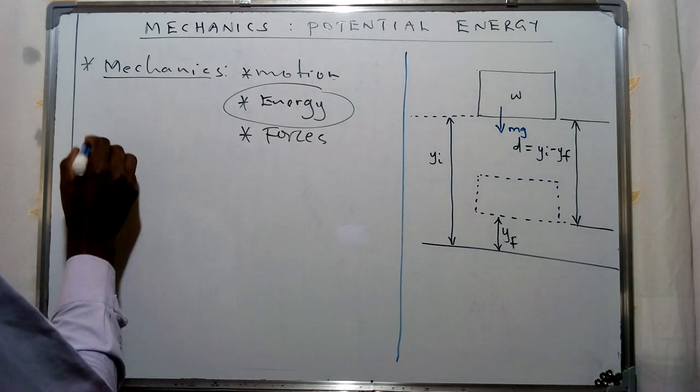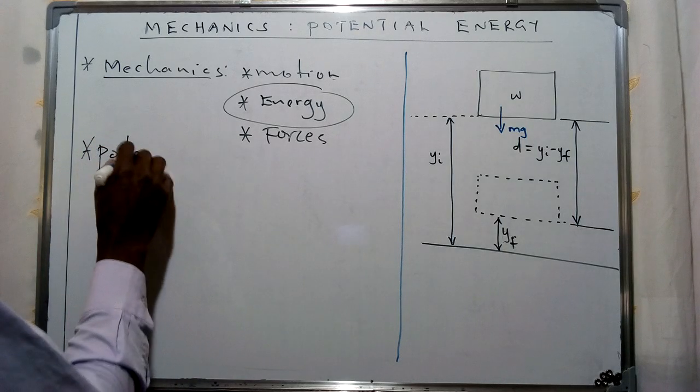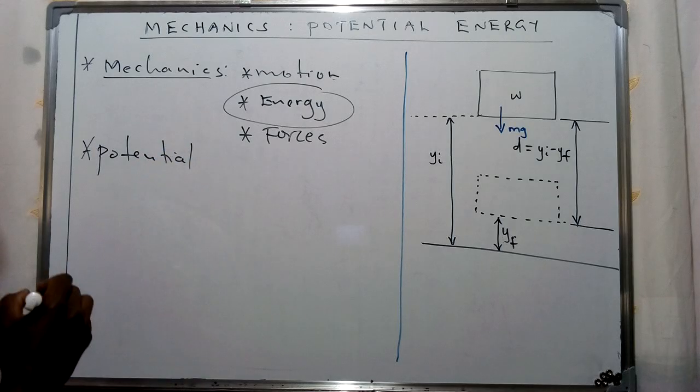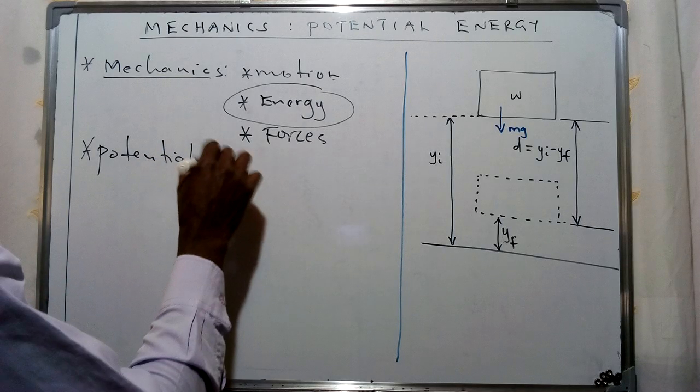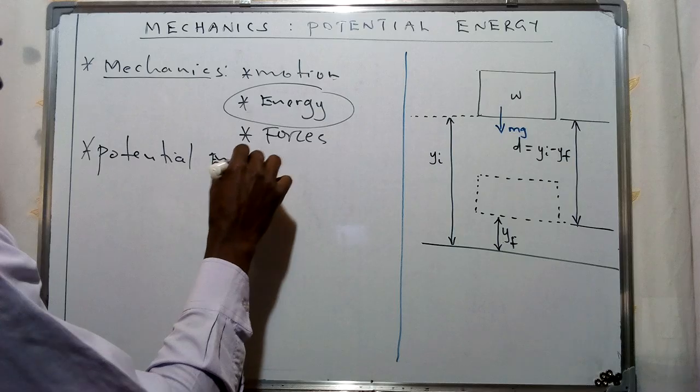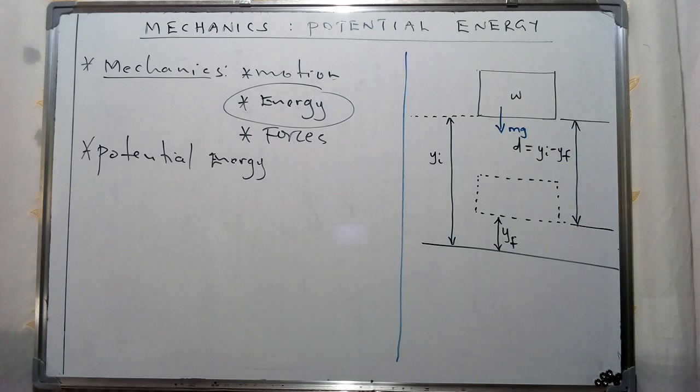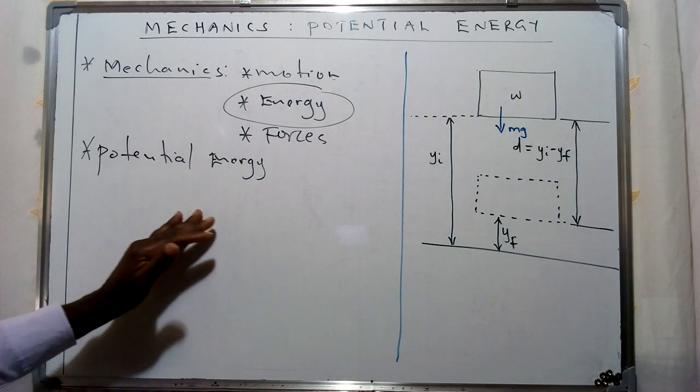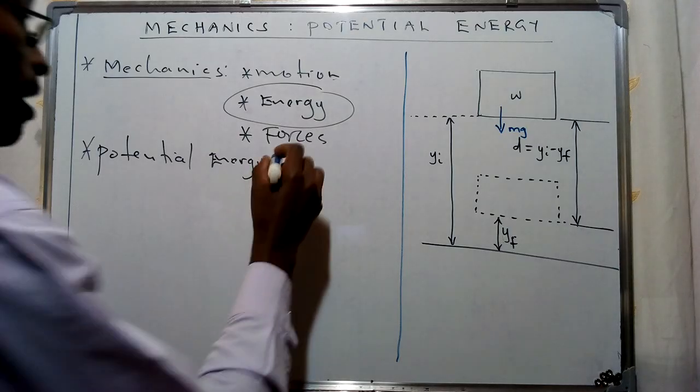Now, concerning the concept of potential energy, now that we have looked at the concept of mechanics, potential energy basically is the energy that is possessed by bodies that are stationary or bodies which are at rest.